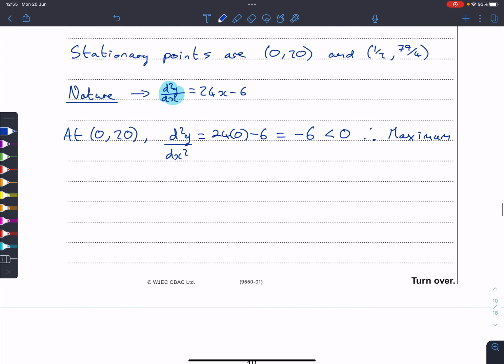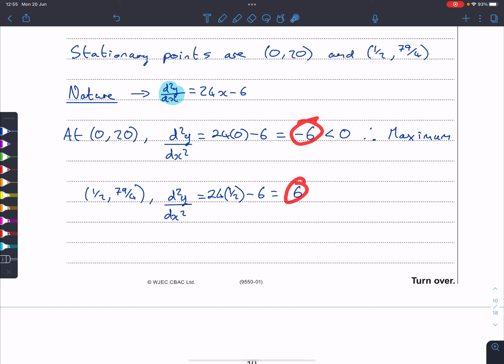And if I try the other point, a half, 79 over 4, then my second derivative is 24 lots of a half, which is 12, take away 6, is 6. Notice you have the symmetry there. This time, the rate of change of the gradient is positive.